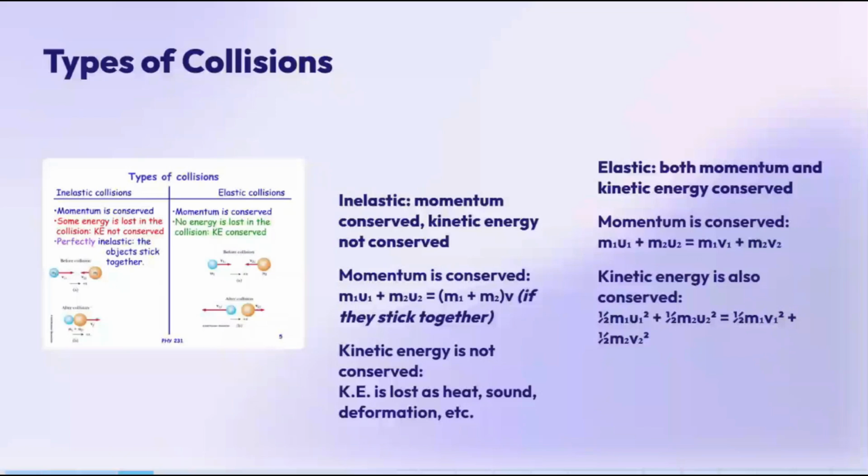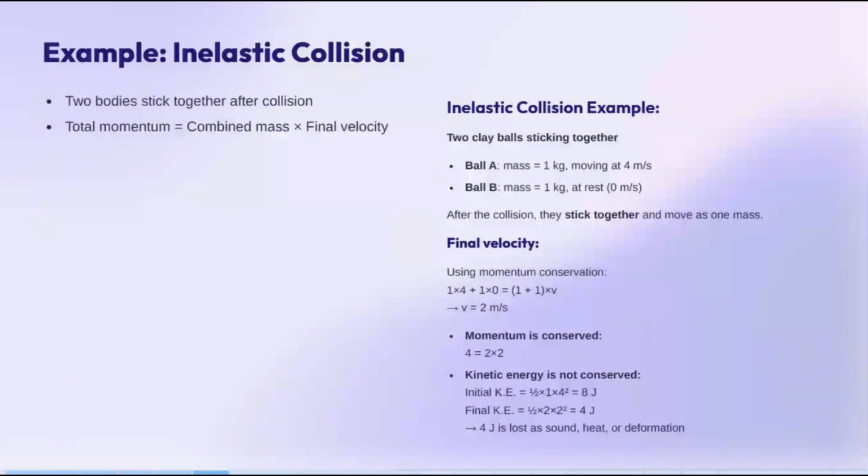Here we have M1 is 1, U1 is 4, M2 is 1, U2 is 0, at the beginning. At the end, both of them are stuck together and we don't know their final speed. So we find it by adding their masses: 1 plus 1 times the velocity. When we solve it, we get the velocity as 2.